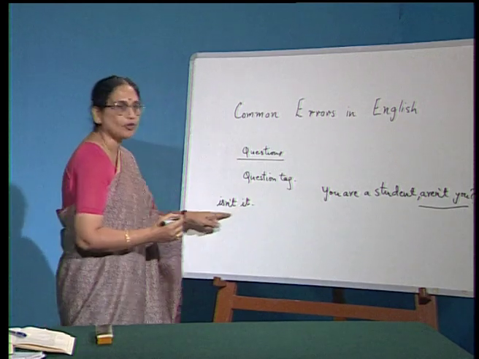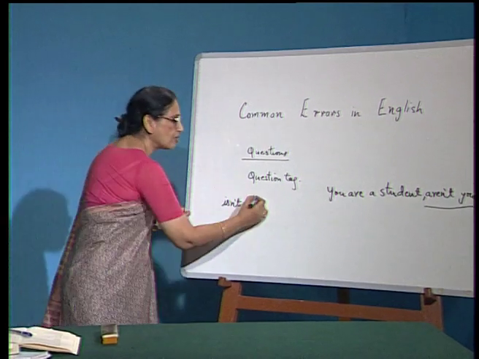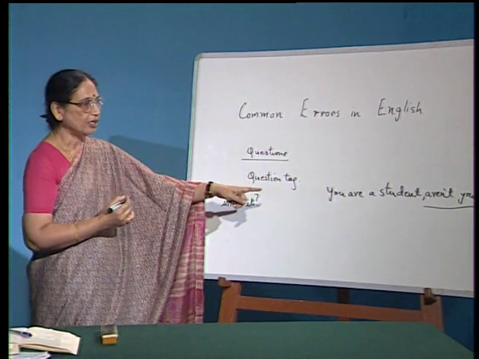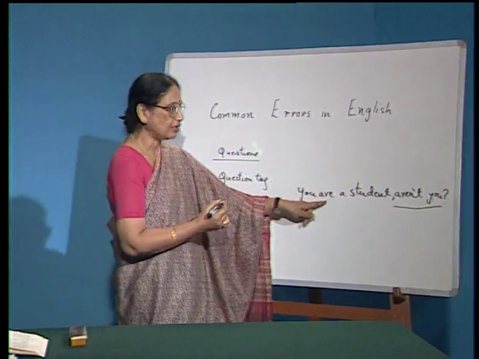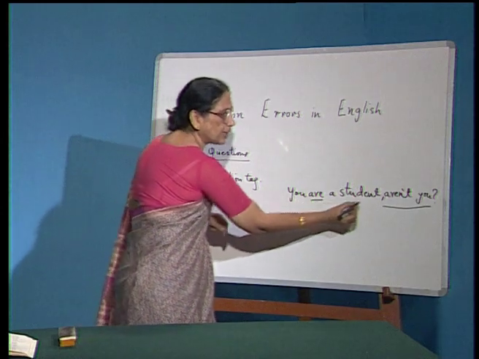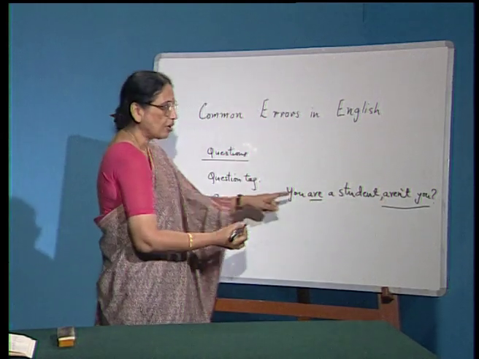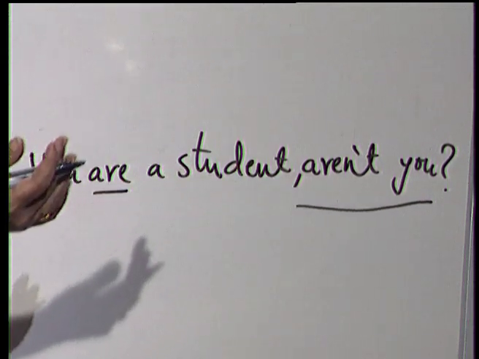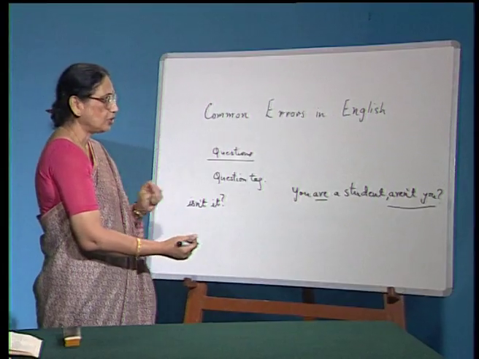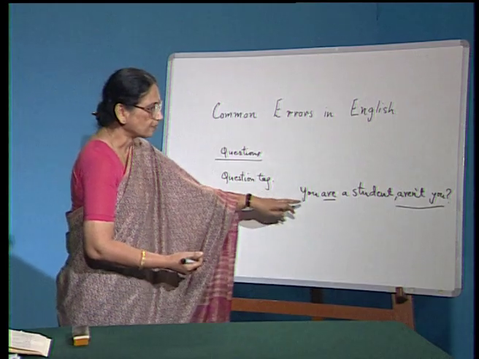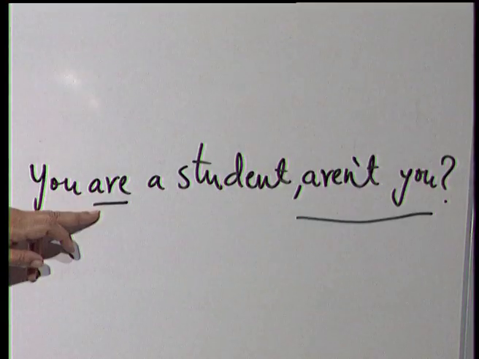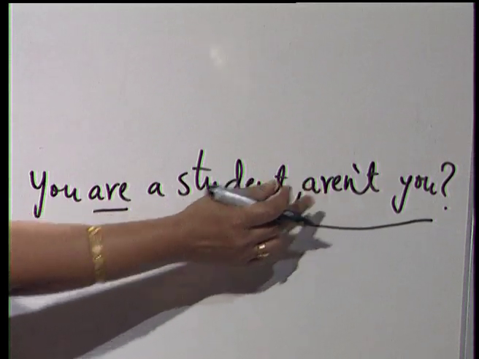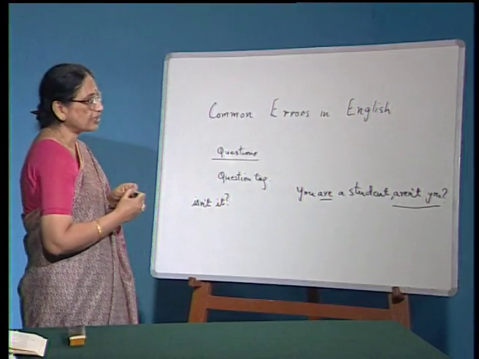We use this form with every question, whereas actually it cannot be used everywhere. You can notice that are here has been picked up in the question tag, made into a negative, and then the question tag has been framed. You should have noticed that it is not here in the negative form, but transforms itself into the negative only in the question tag. Let us take another example.